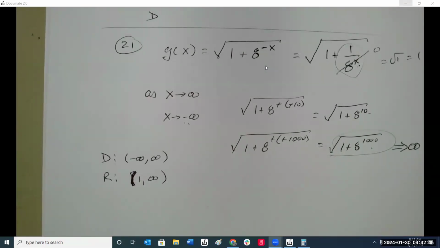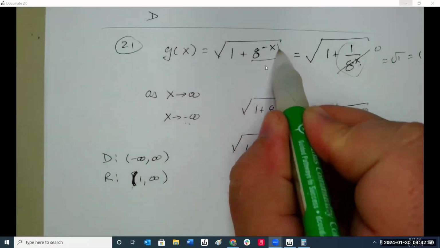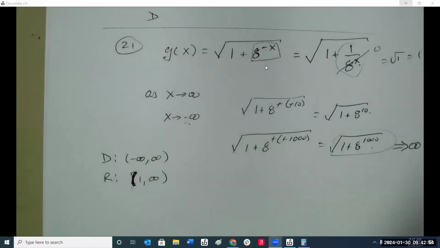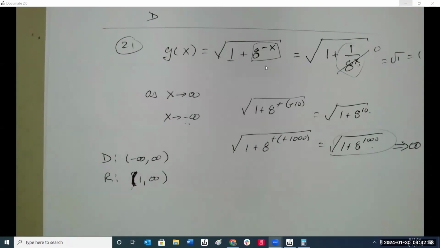I have to put a parenthesis there. Why is it a parenthesis? Because this number never really gets to 0, but it gets severely small. So I'll never get to 1.0. I'll always get 1.0 something. So my range is just that.